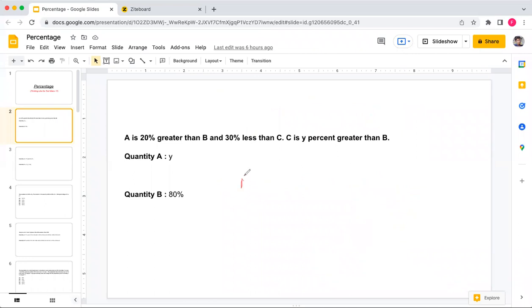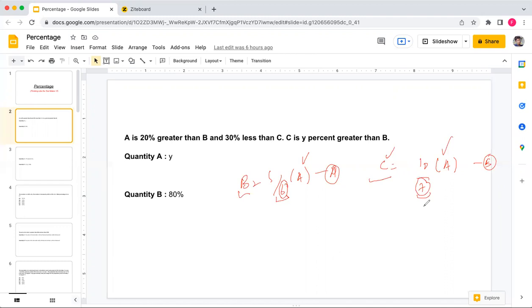We have B is equal to 5 by 6 of A and C is equal to 10 by 7 of A, right? At that point, I want to assume such a value of A so that the values of B and C are integers. How can I do that? If I have such a value of A that is divisible by 6 as well as by 7, only in that scenario could I have an integer value for B and for C. That's why I assume a value of A that is the least common multiple of 6 and 7.